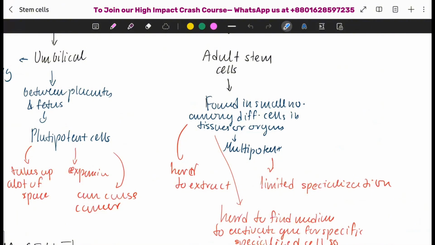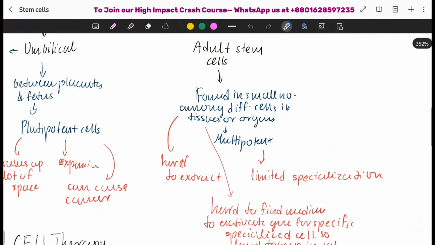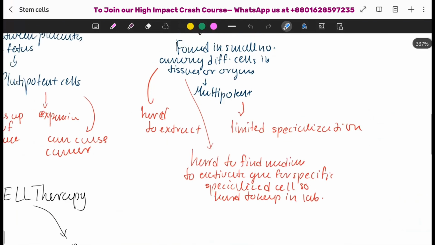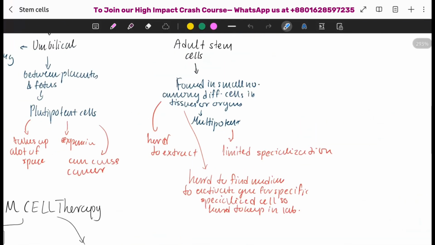So yeah, adult stem cells, they're multipotent. Okay, so they have limited specialization and they're hard to extract and hard to find for specific specialized cells in the lab. Basically they're hard to find and hard to extract.